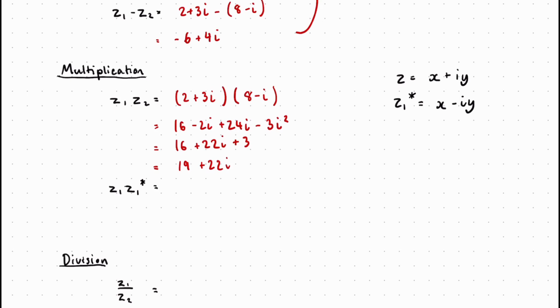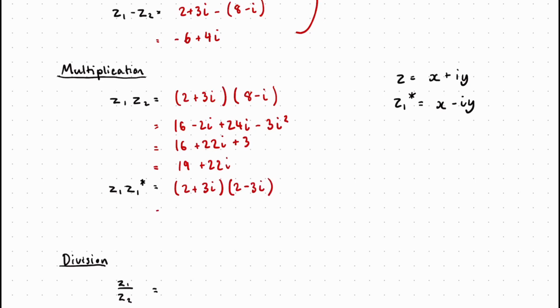So all it means is times it by the same thing, but the imaginary becomes negative, or the opposite to what it currently is. So this would be 2 plus 3i times 2 minus 3i.